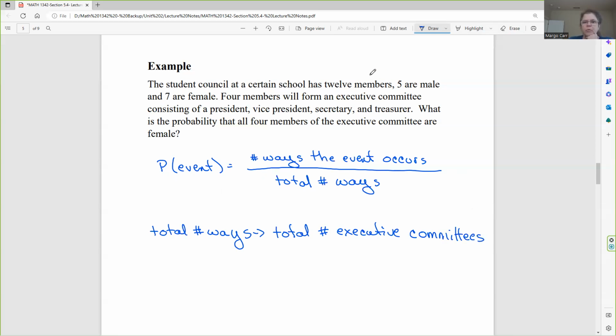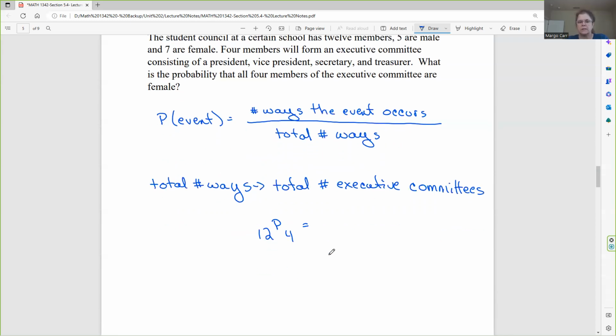Okay, so we have 12 members, and we're making an executive committee of 4. So we're going to have 12 P4. So 12, PRB, probability 4. So that gives me 11,880. So that's the total number of possible executive committees.